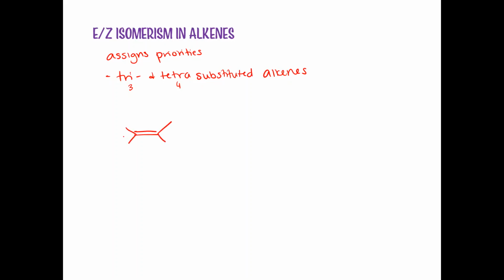it assigns a priority to each side of the double bond. So you'll have a higher priority and a lower priority on each carbon of the double bond. Let's say the higher priority is up here and the lower priority group is down here.